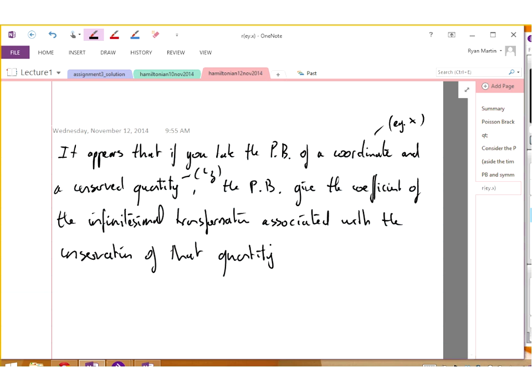We haven't proven it, we just observed it for one specific case of angular momentum. But it's interesting that you take the Poisson bracket of a coordinate and the conserved quantity, and you find out the transformation that's associated with the conservation of that quantity.